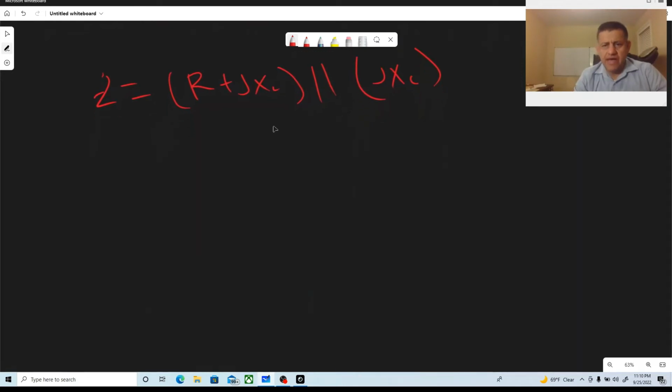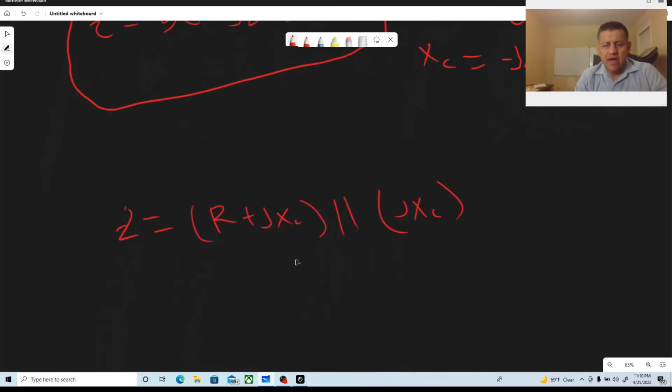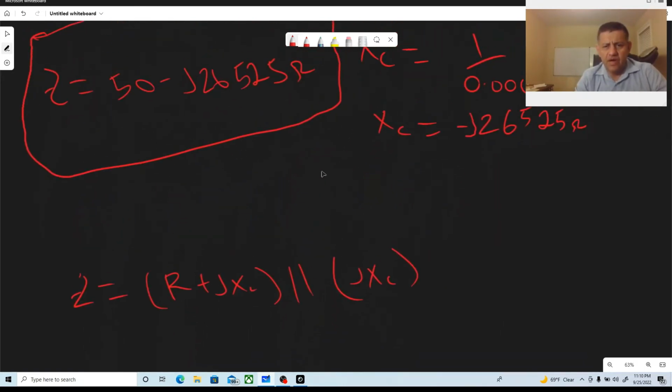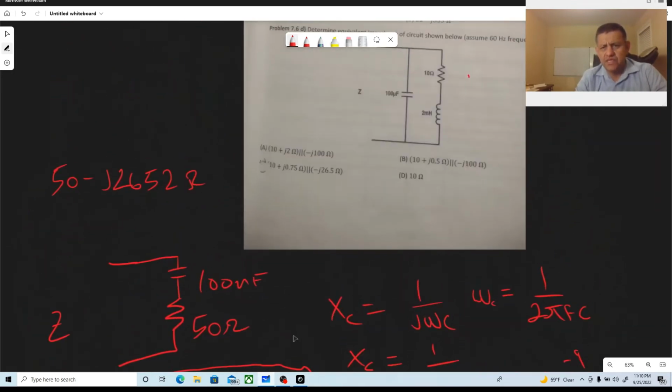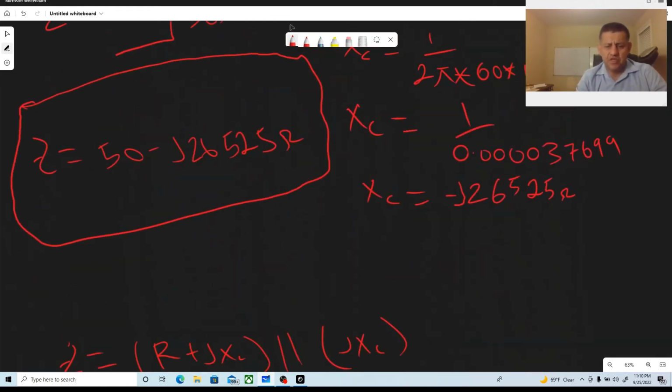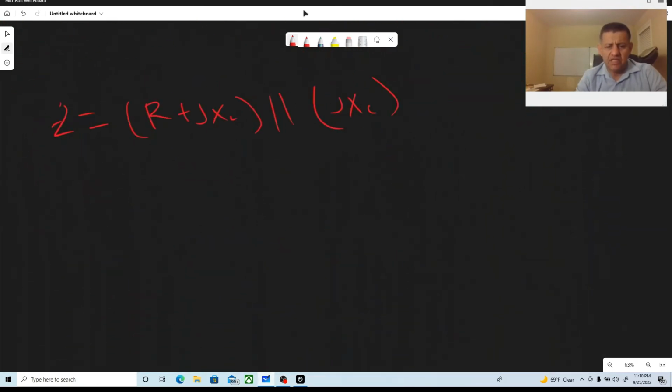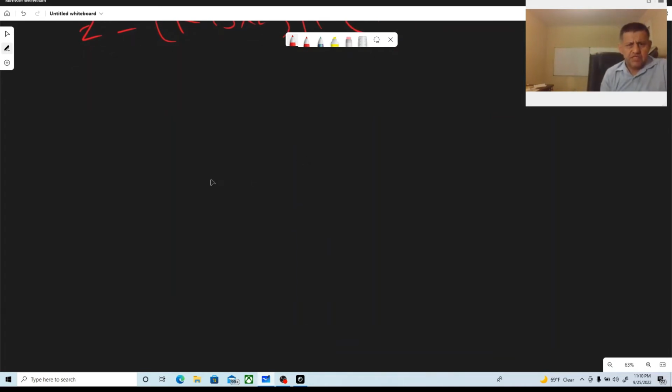Now let's do the mathematics real quick for that one. The only thing different is that it is a nanofarad, and we have a 2 millihenry inductor in series with the resistor of 10 ohms. So let's do it.